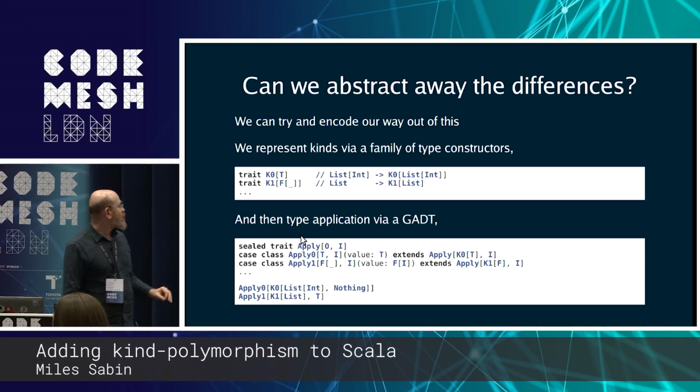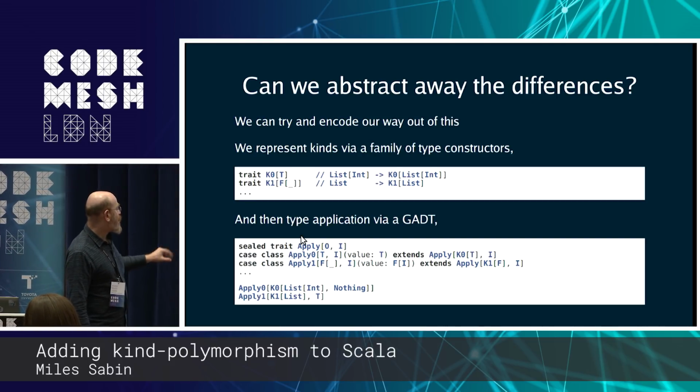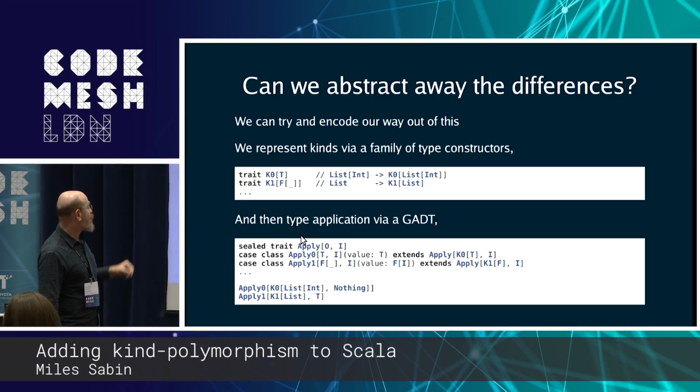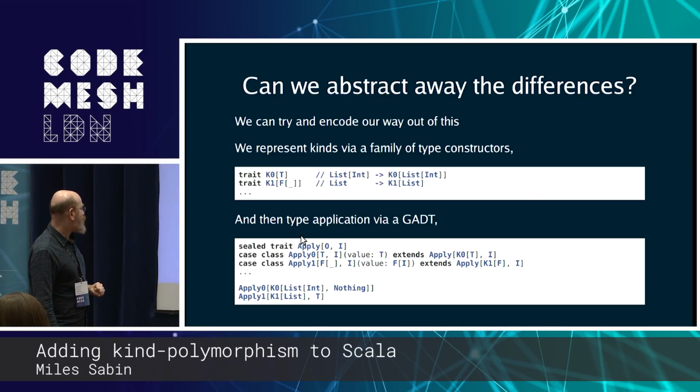So at this point, you have to worry about how to apply a type of this form. We can kludgily make use of GADTs to do this. So we can imagine applying a K0 of something to no type arguments, and we can imagine applying a K1 of a type of kind star arrow star to one type argument.